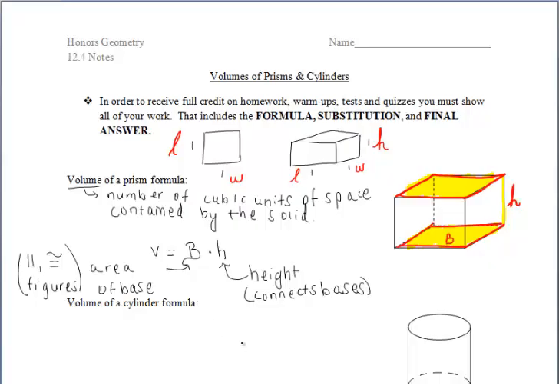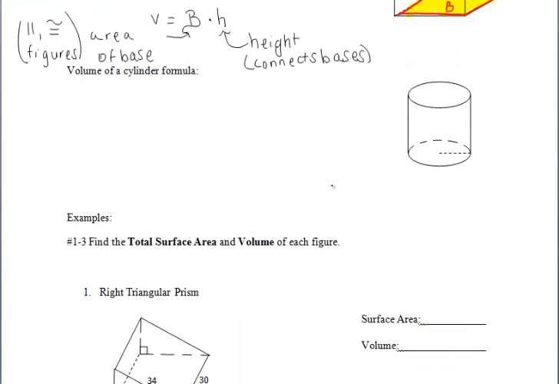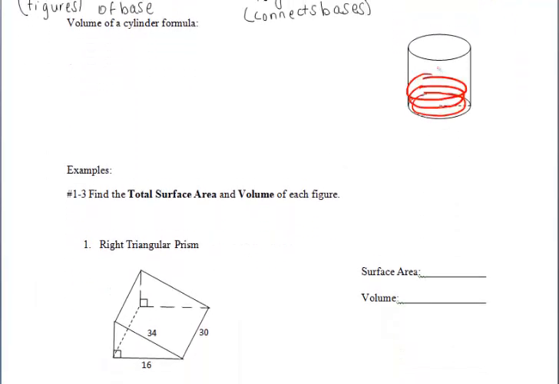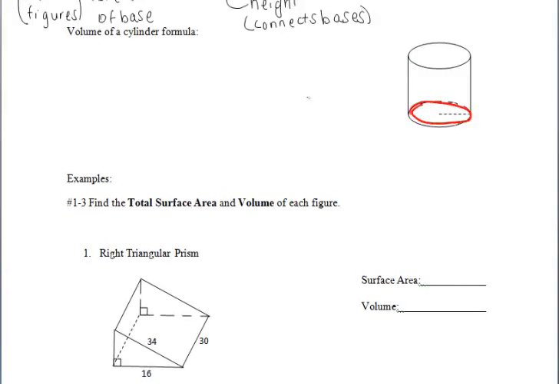We could think about the volume of the cylinder in a similar manner. This idea of the stacking property also applies to the cylinder. So, the base of the cylinder is what type of shape? It's a circle. So if we find the area of the base, which is congruent to one of the pieces of paper in that stack, and multiply it by the height of the cylinder, that would fill up everything inside of the cylinder.